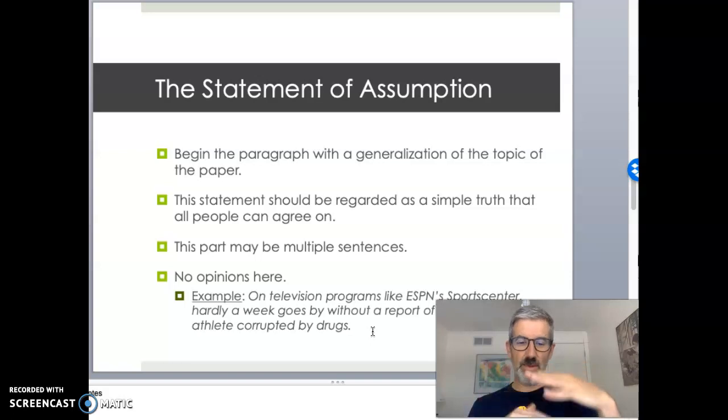Now we move into the theme statement paragraph. It begins with something like this: On television programs like ESPN SportsCenter, hardly a week goes by without a report of another marquee athlete corrupted by drugs. So this would be a general statement of assumption. Not many people are going to argue with you on that.